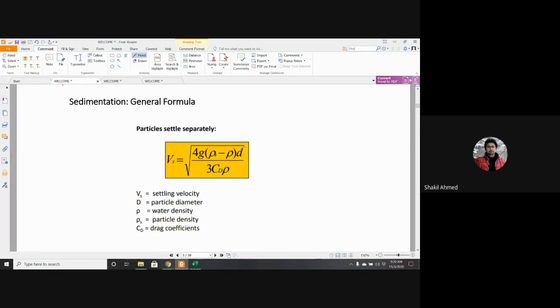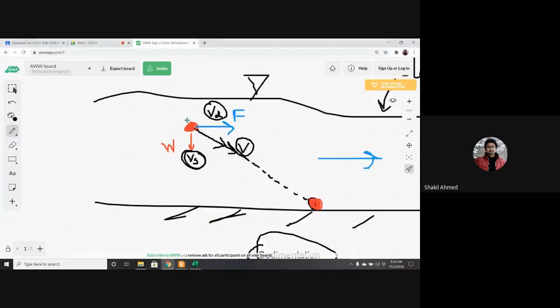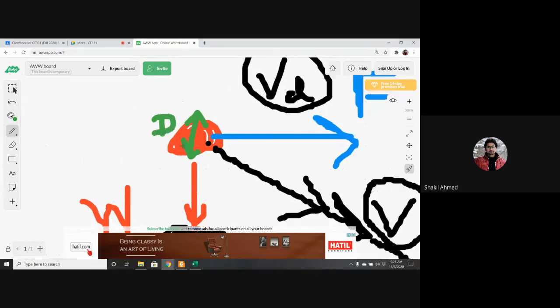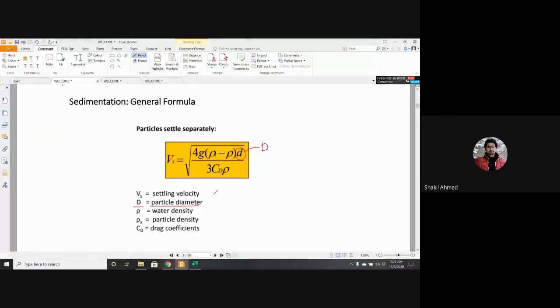Now, the question is, what is d? Small d or capital D, same thing. Capital D is the particle diameter. What is rho s? Rho s is the particle density.